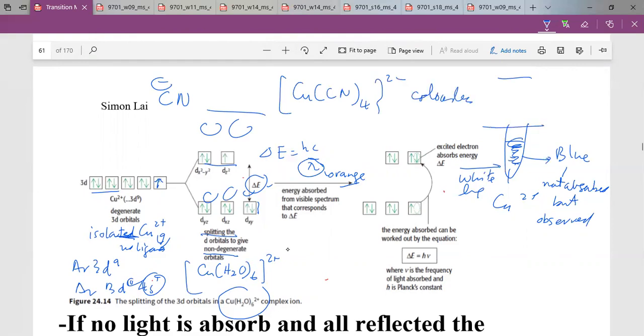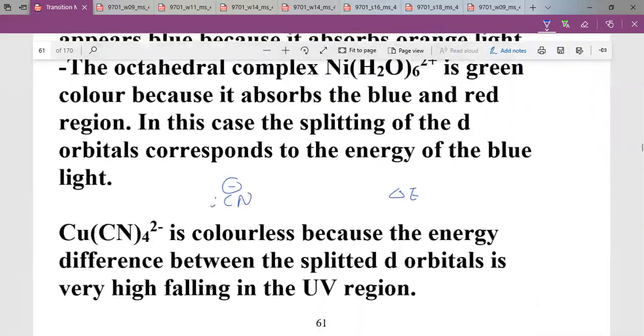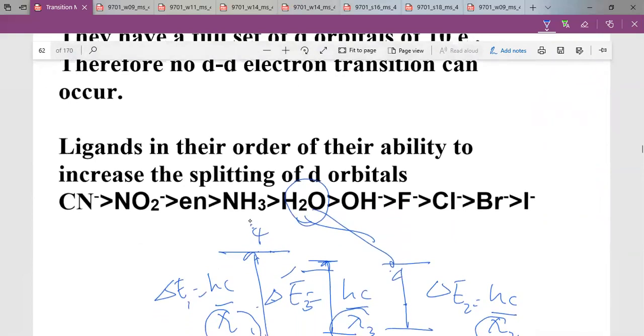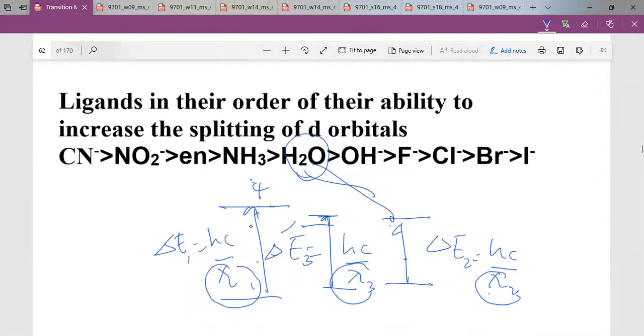Because the d-d gap is so big that the frequency is in the UV region. So CN is colorless, isn't it? So we have different splitting. Ligands have the ability to split the d orbitals differently.